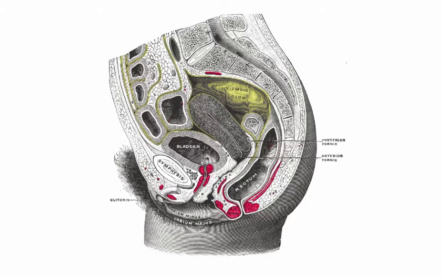So this is a mid-sagittal section rather than a frontal section. And most of this is labeled. So you have the pubic symphysis here, the bladder with the urethra.